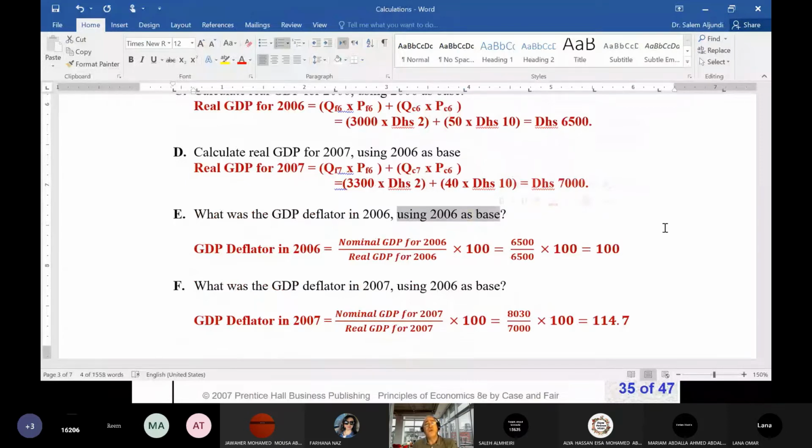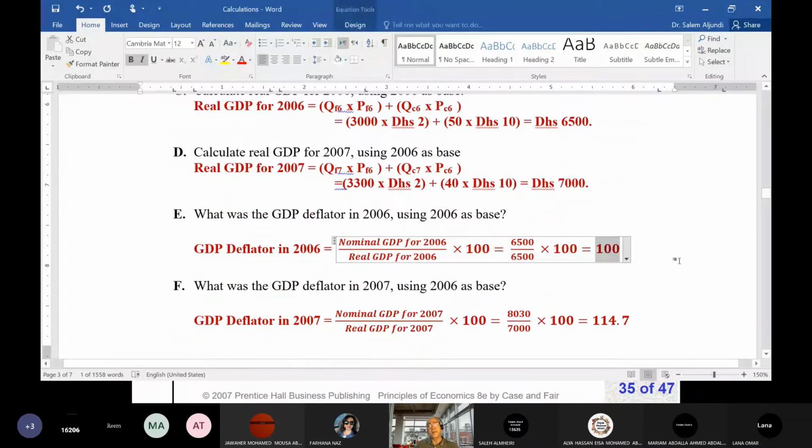But for your information, GDP deflator for the base year always equals 100. Why? Because nominal and real GDP are equal for the base year, because we use the same prices. The current prices of 2006 are the fixed prices of the base year, the same.